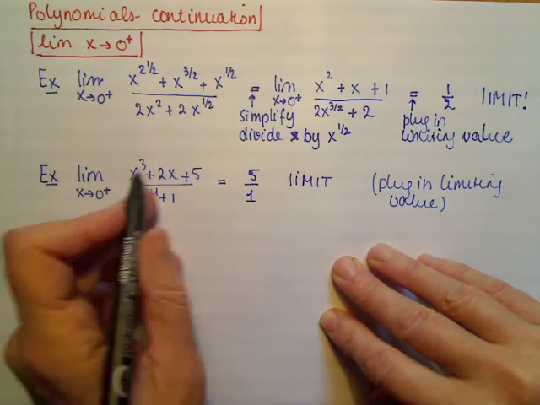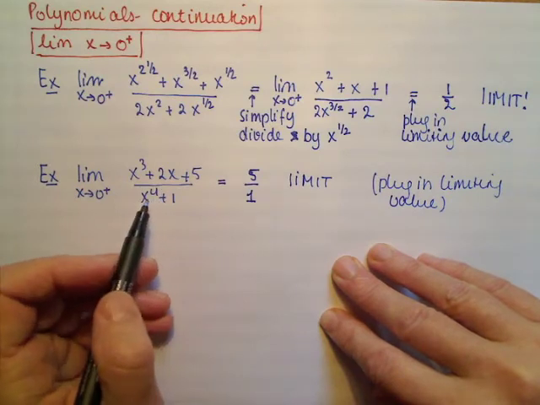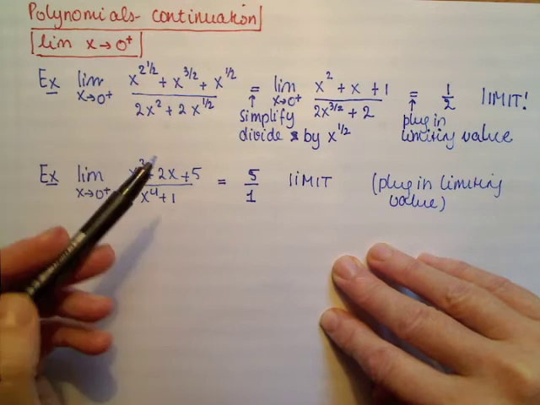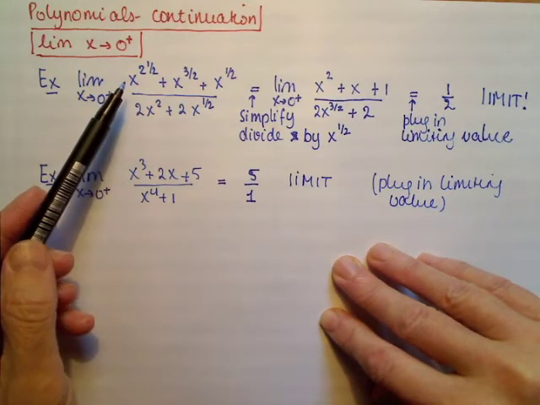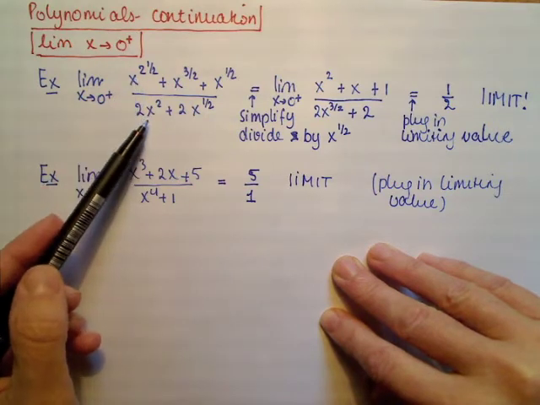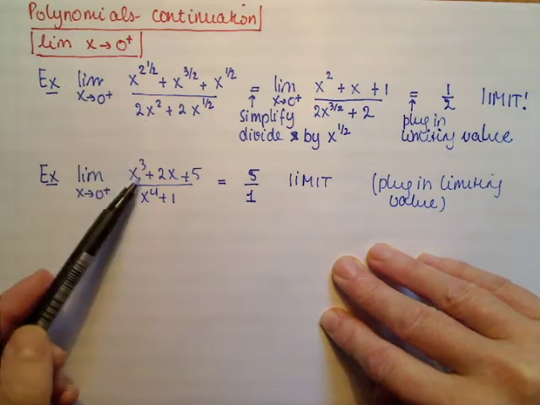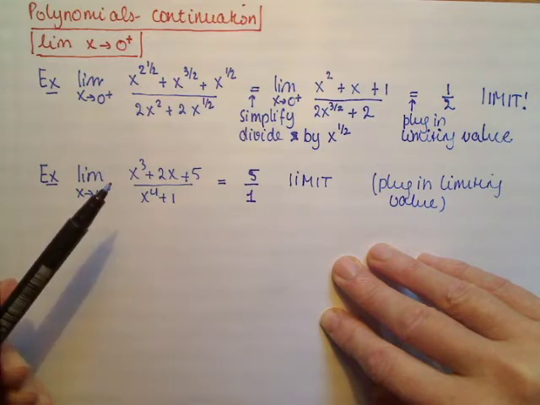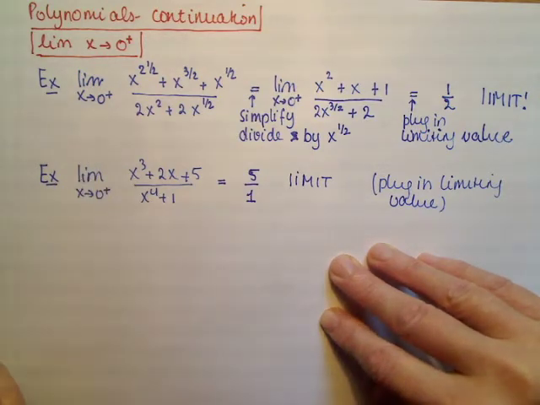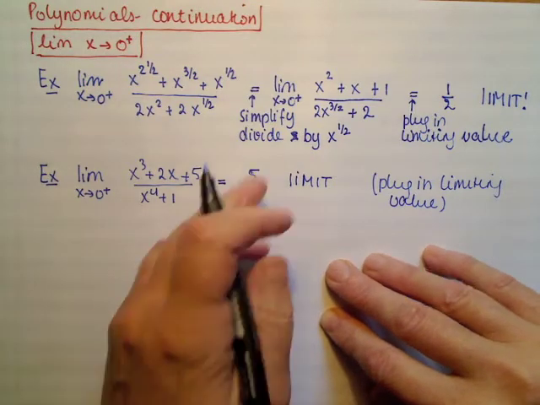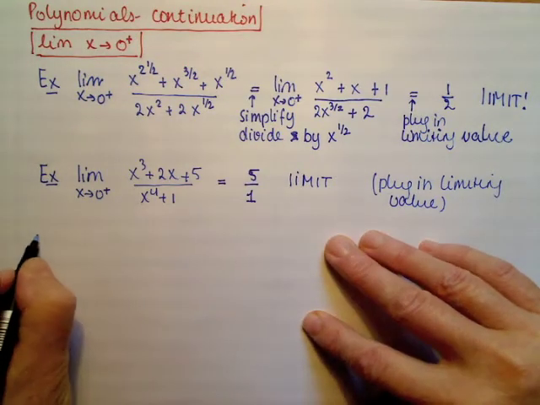Now there's something special about these examples as well, because if you compare them, the highest power in the numerator is higher than the one in the denominator in the first example, and in the second it's reversed, so we might expect some different behavior, but in fact the behavior is the same.